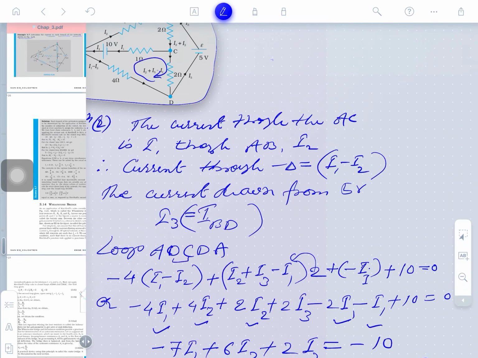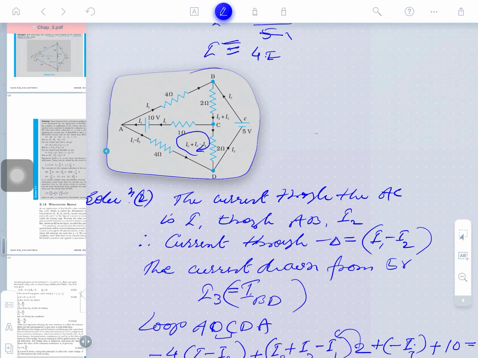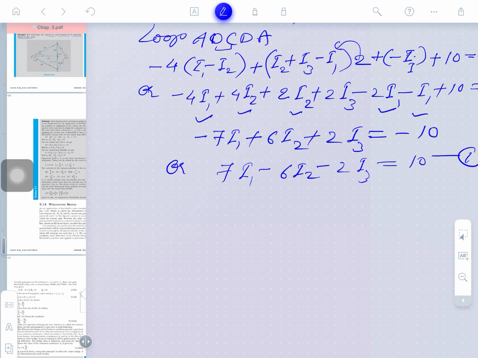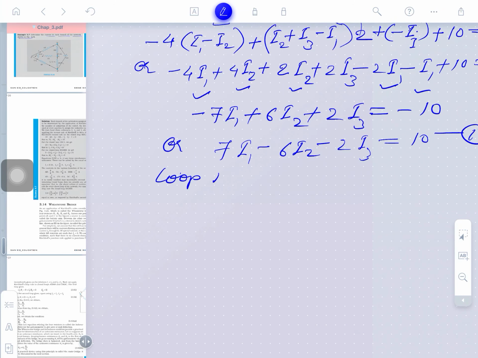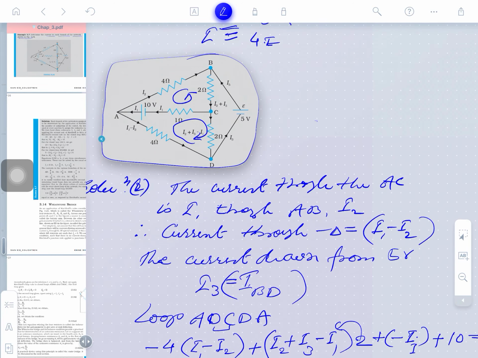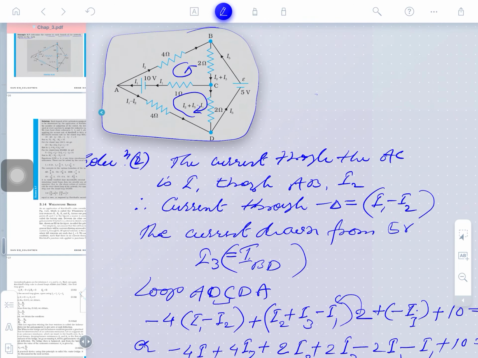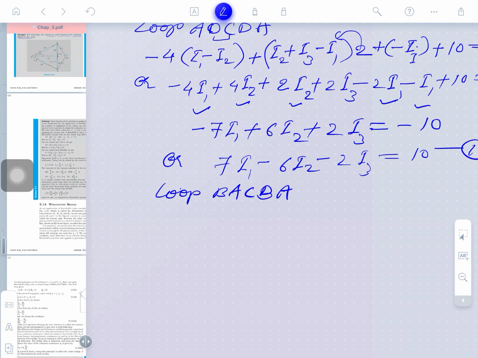Now the second equation. The second loop is to be taken as B, A, C, B. You will travel B to A, which is I2, so 4 times I2 is there, positive.